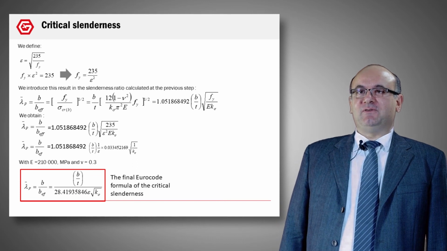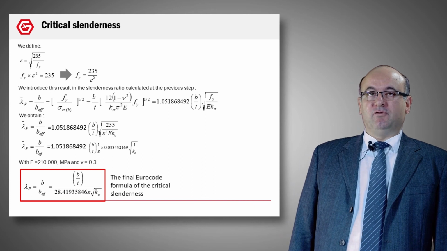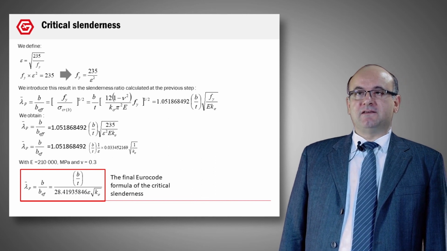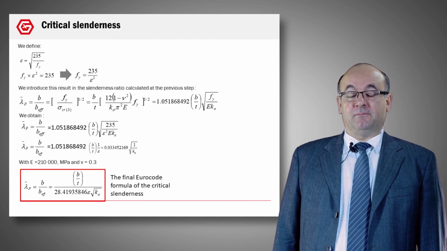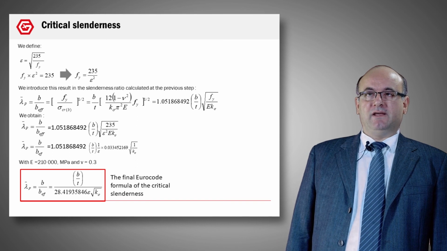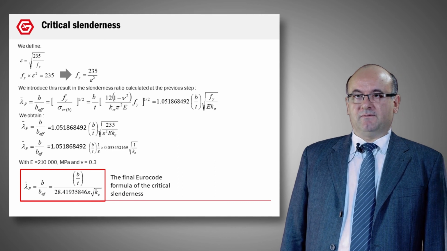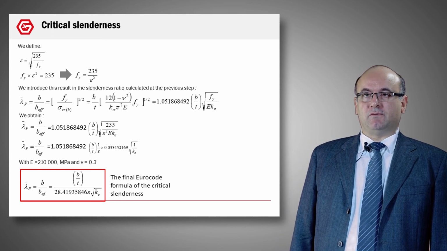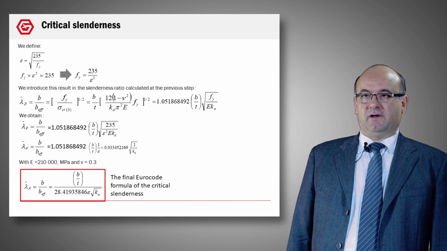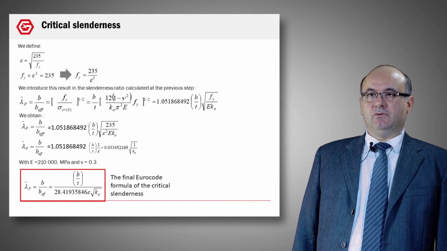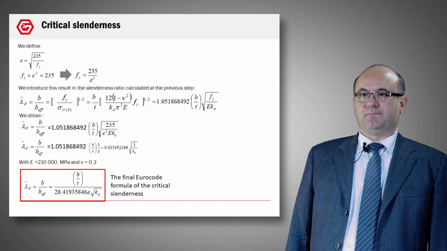So now we are going to determine the critical slenderness. We define epsilon. In the past, the tests were done with a yield stress of a raw material that was 235 megapascal. Of course, today we have Fy that is above this value, and the value is 400 megapascal. To take into account this evolution of raw material, we express now that Fy is a function of epsilon square, and we replace the value of Fy in the expression that we obtained just before.